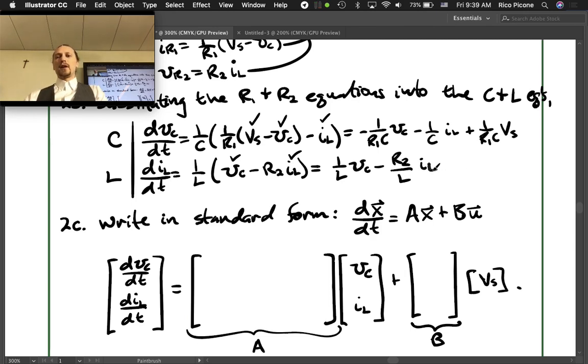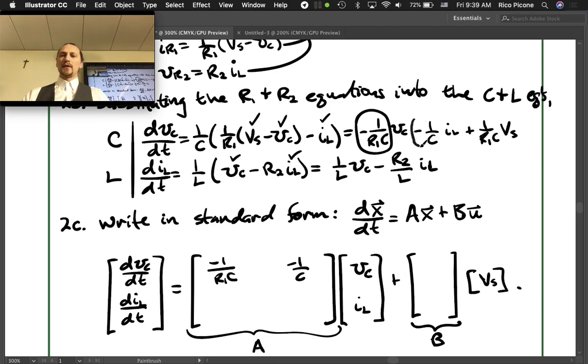Once you do several of these, you probably don't need to rewrite the equation explicitly like this, but it's good to do first time. So your VC term is right here in the first equation, right? So negative 1 over R1C times VC plus negative 1 over C times IL, right?